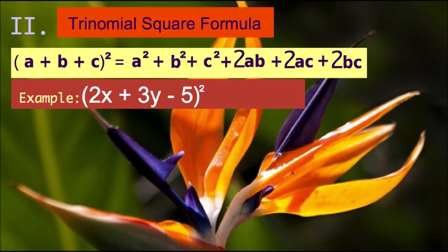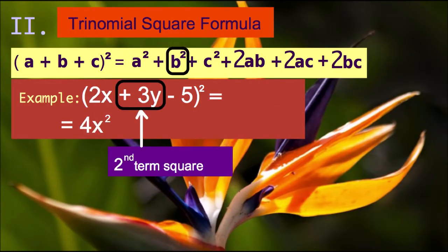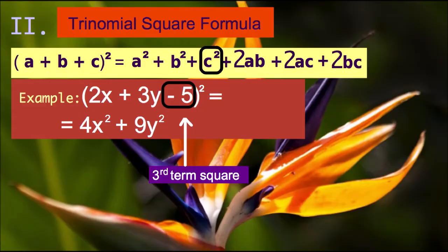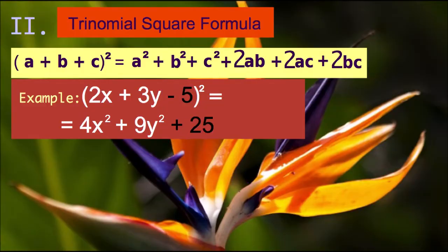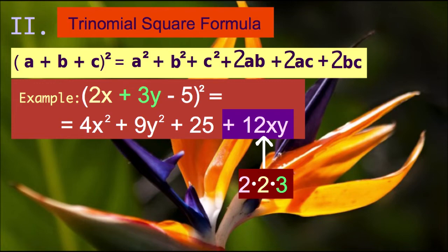So for example, we have 2x plus 3y minus 5, everything squared. The first term squared is 4x squared, plus the second term squared, 9y squared, plus the third term squared, which is positive 25. Add twice the product of the first two terms, 2x and 3y, so we have 2 times 2 times 3, 12xy.